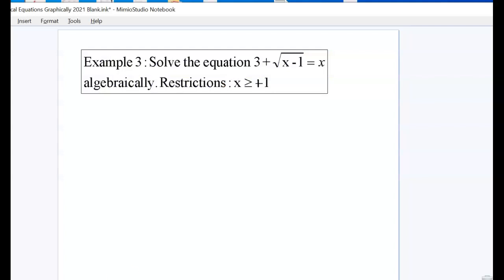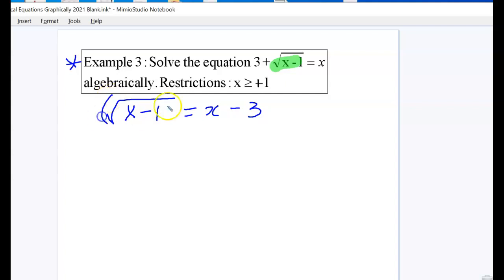All right, a couple more and we are done. Now we're just going to deal with these algebraically. We want to solve this one. So again, this one is a little bit more challenging, and you'll see why shortly. So again, the first goal is to isolate the radical. So this is going to be the square root of x minus 1, and I'm going to subtract 3 to the other side.